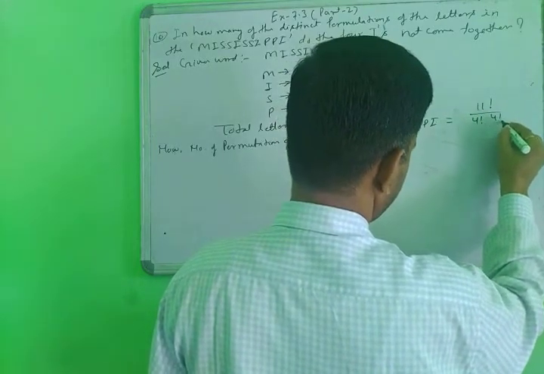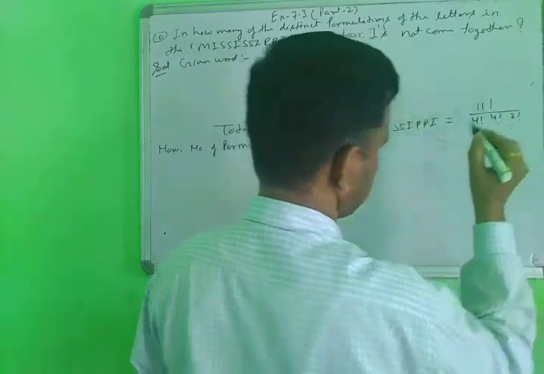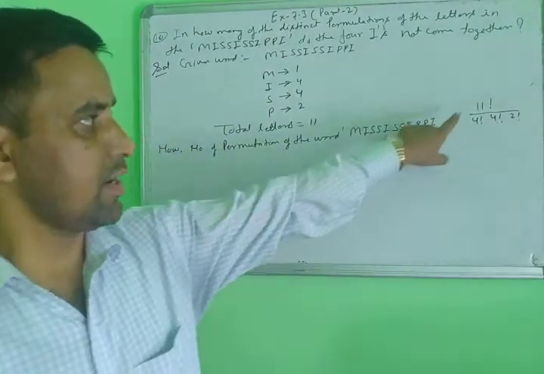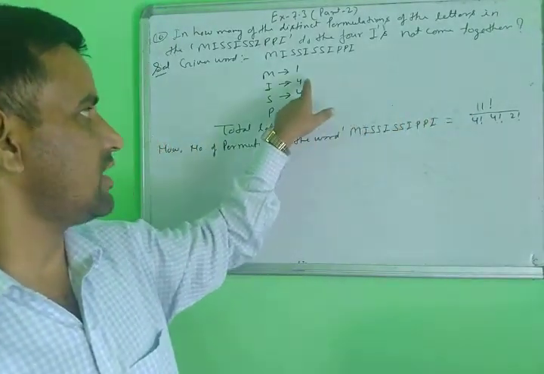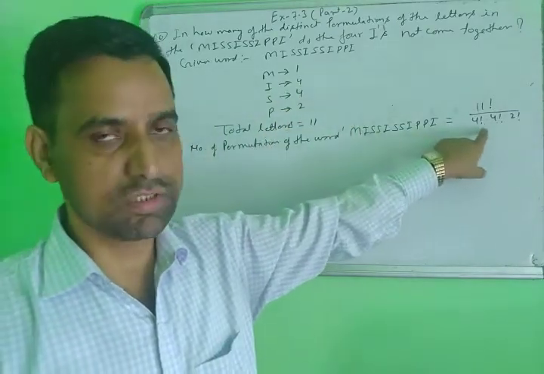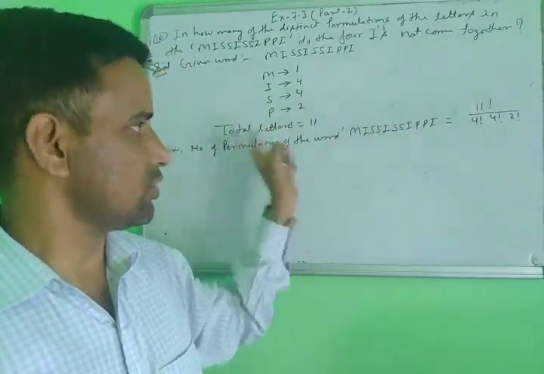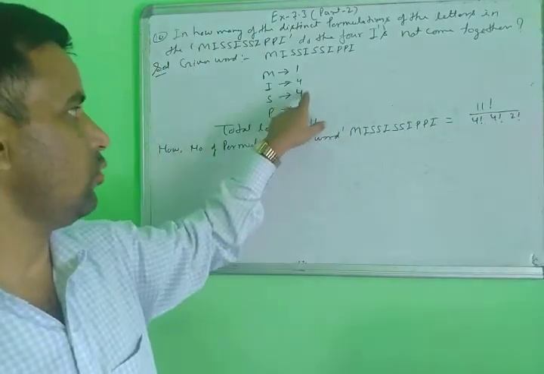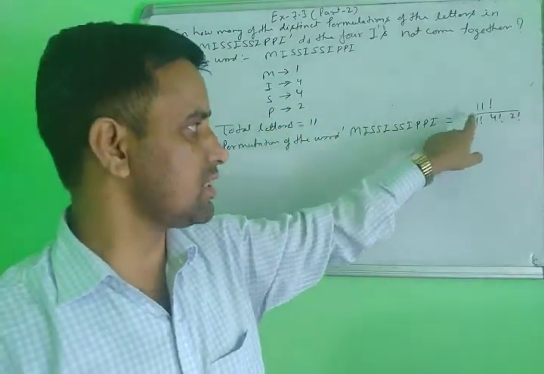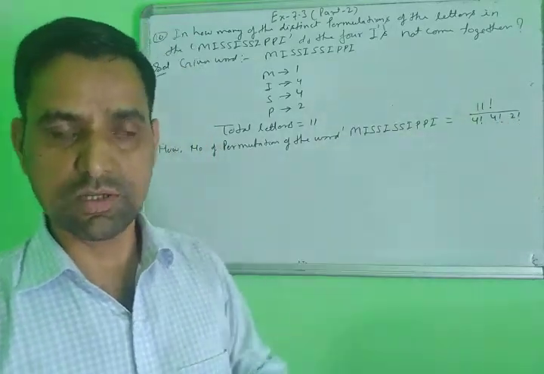The total number of letters is n equal to 11. If some letters are repeating, then you divide by their factorials. This is the rule of permutations. Because the 4 and 2 are repeating, you divide by those factorials.